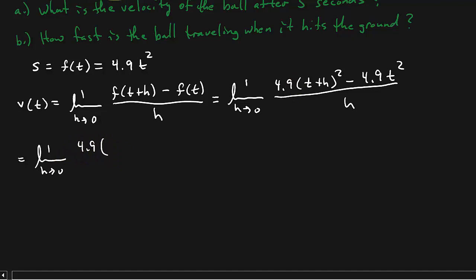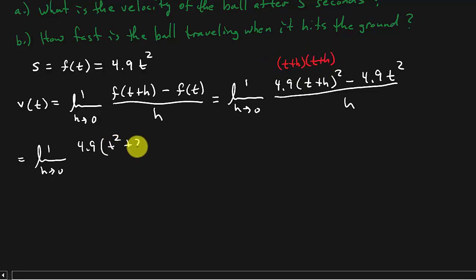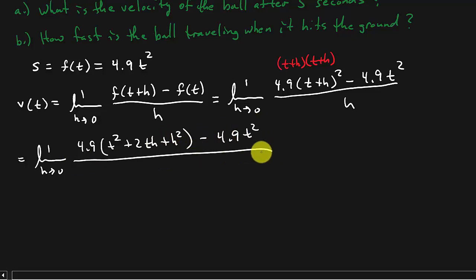And then this I've got to multiply out. Remember, (t plus h) squared is t plus h times t plus h, and I've got to multiply that out. So that's t squared plus 2th plus h squared, minus 4.9 t squared, over h. And so that's the limit as h goes to 0.